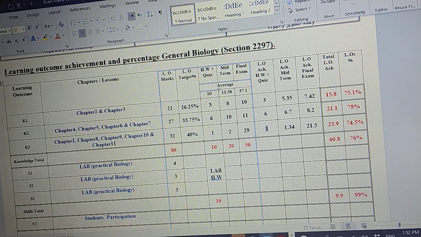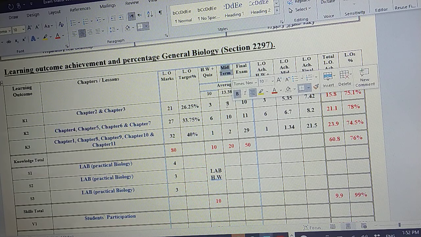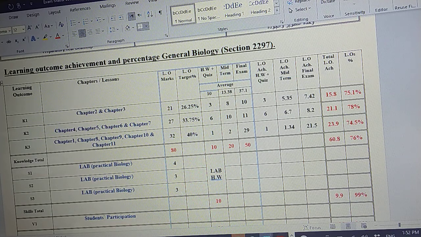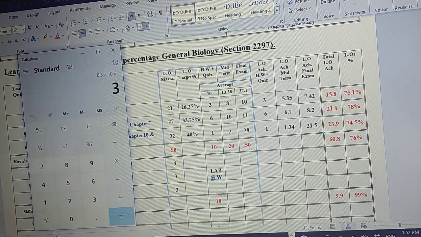Okay, for the midterm exam, we have here 8, which is the mark of the K1 in the midterm exam, divided by 20, which is the total mark of this assessment method, times the average, which is 13.38.